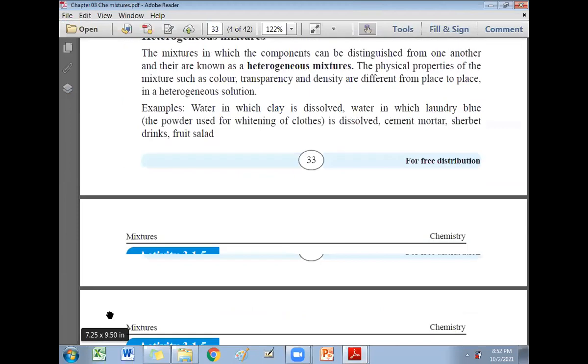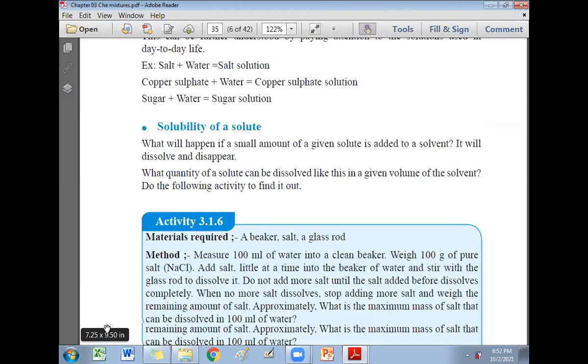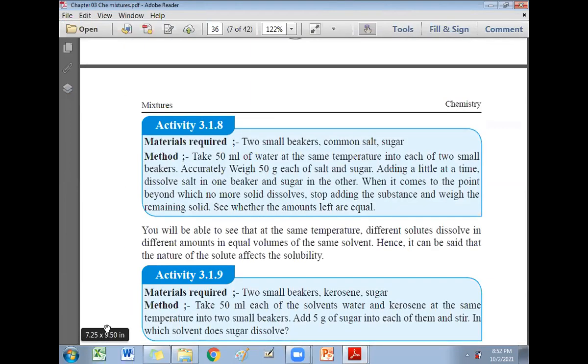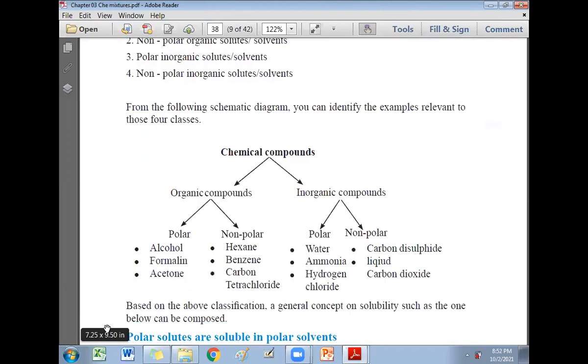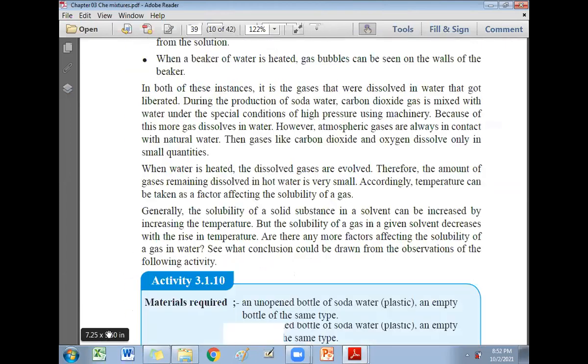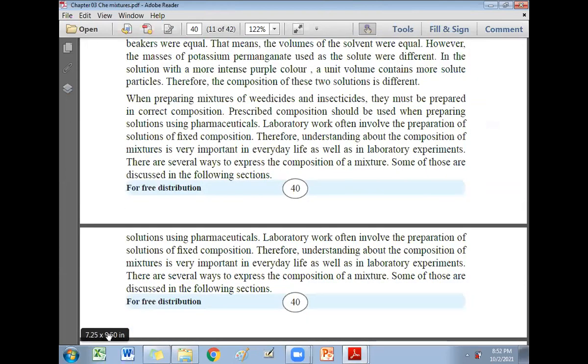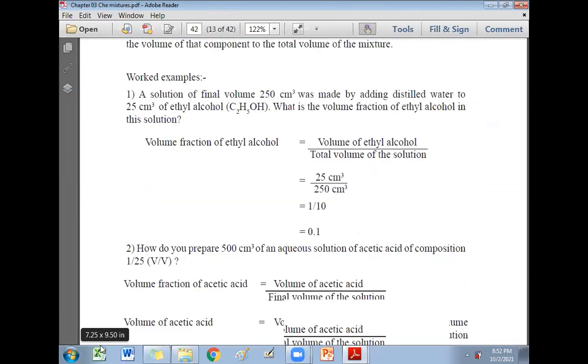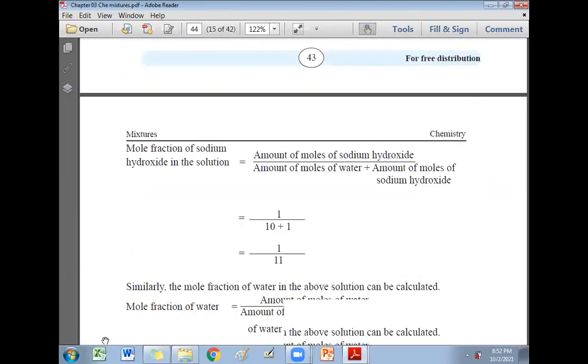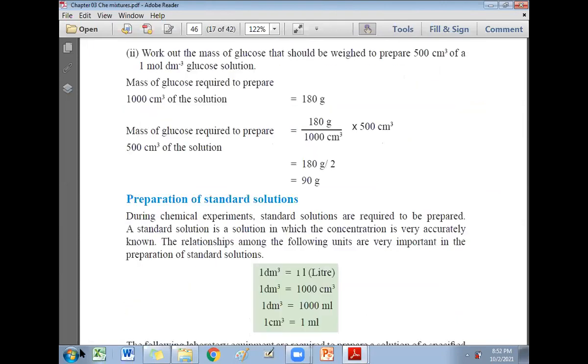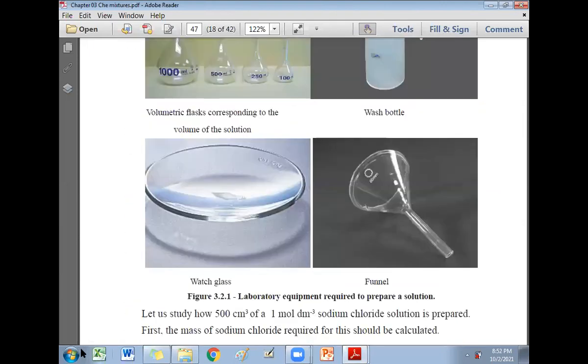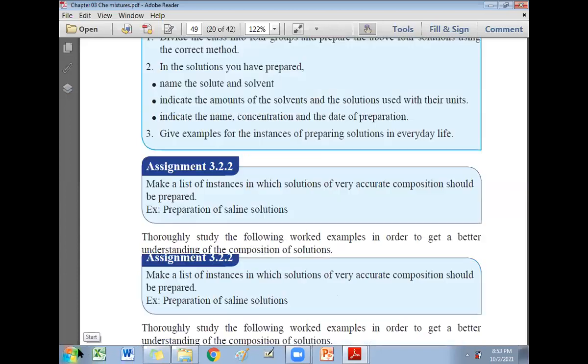Look at this page number, 55. If you have the textbook with you now, you can check. Page number 55 in your textbook.